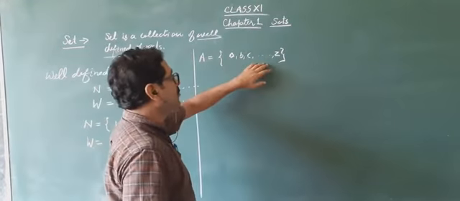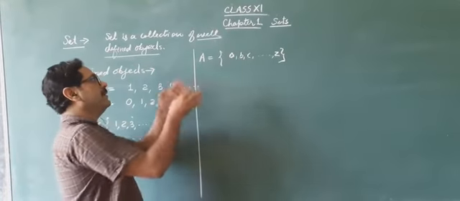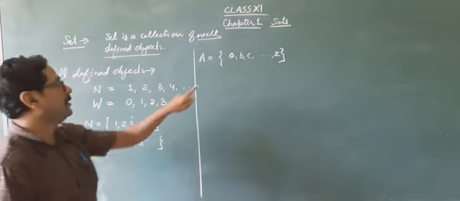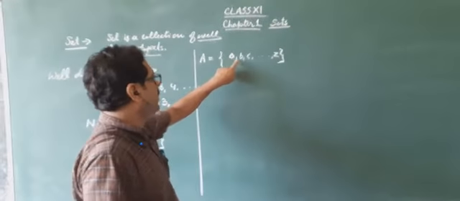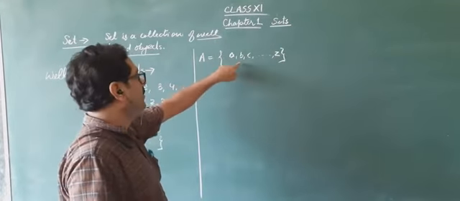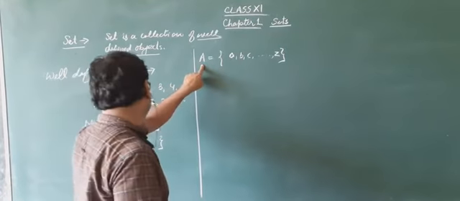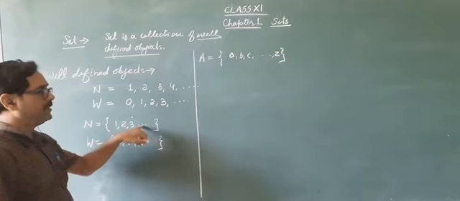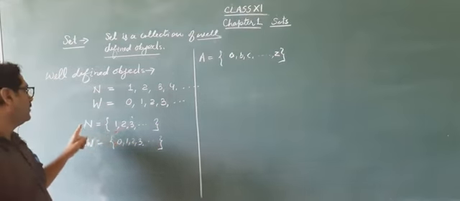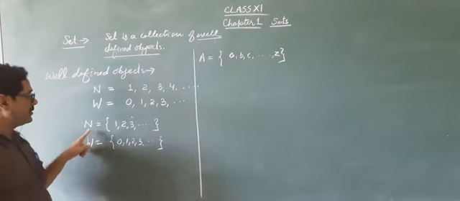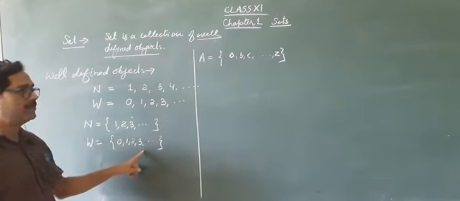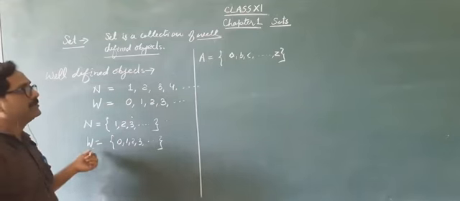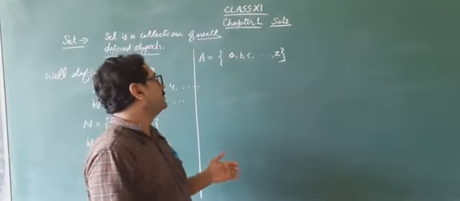The objects which are written in a set are called elements. So here a, b, c and z are elements of set A. Similarly, 1, 2, 3 are the elements of natural numbers N, and 0, 1, 2, 3 and so on are the elements of W.